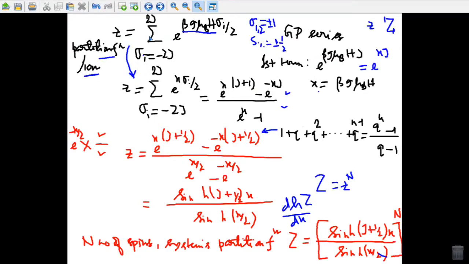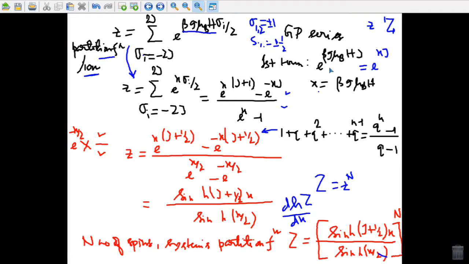So small z is equal to the sum over sigma i from minus 2J to plus 2J of e to the power beta g mu B H times sigma i divided by 2. The summation can be computed as a geometric series whose first term is e to the power beta g mu B H times J.